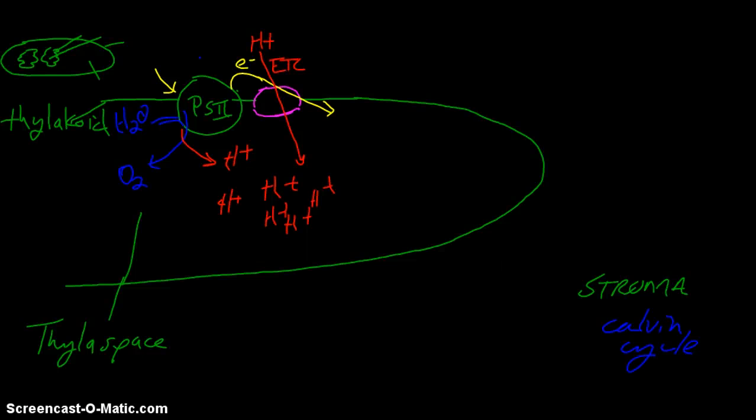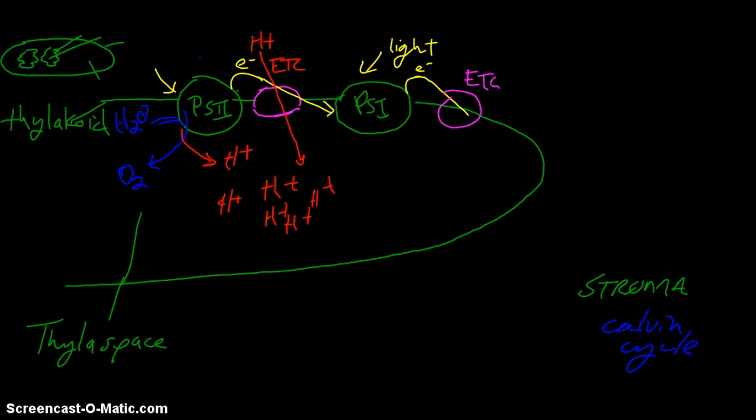On to photosystem 1. Light strikes yet again and sets in motion the reactions that excite other electrons that pass through a second electron transport chain.